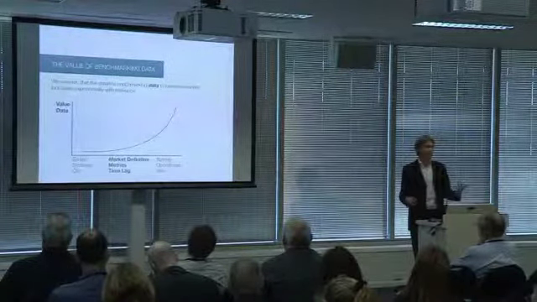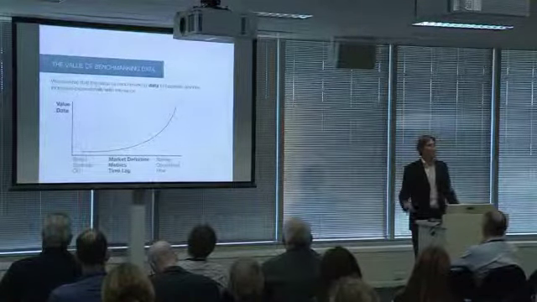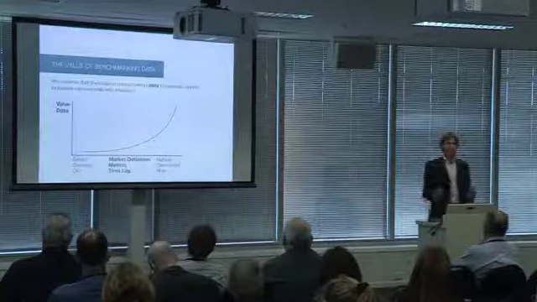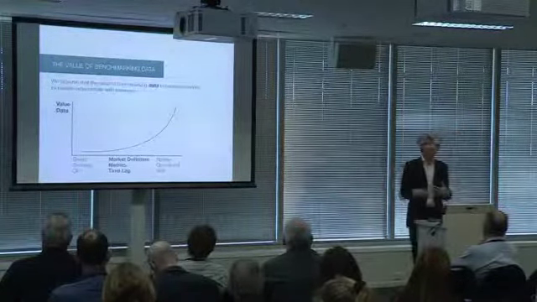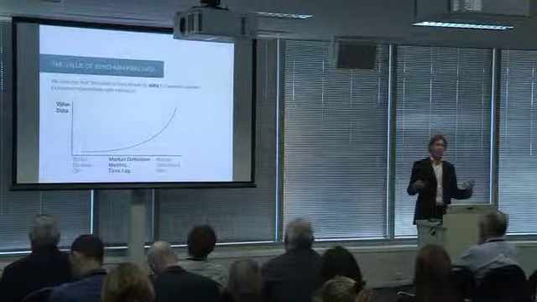The other one is metrics. So business owners, the reality is that they're pretty much always in operational mode. They don't very often have the luxury of stepping back and taking a strategic view of their business.